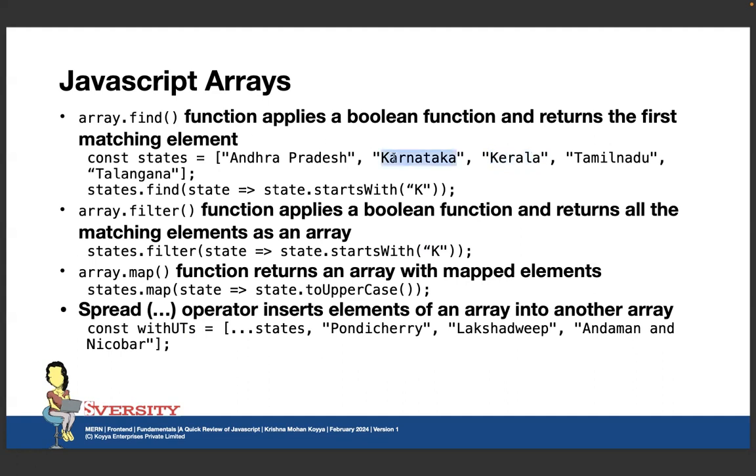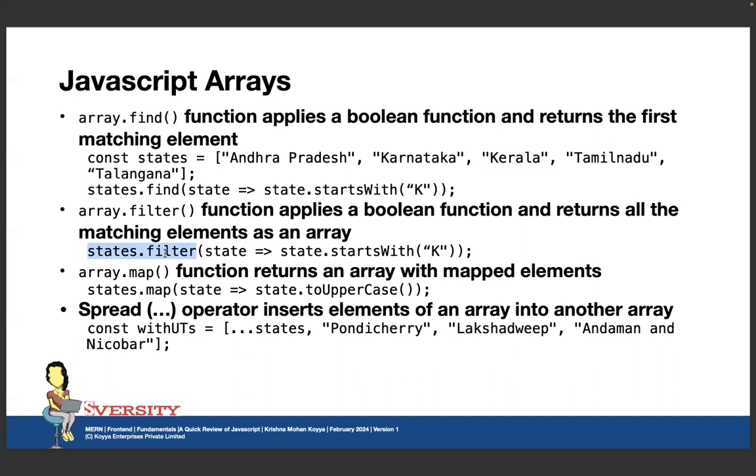Karnataka is the first matching element here, so it returns that. Instead, if you say, no, not like that, Krishna, I want all the elements that are matching that condition, in such a case you will be using this filter function. Everything else is the same, the same predicate, but it won't stop after the first match.